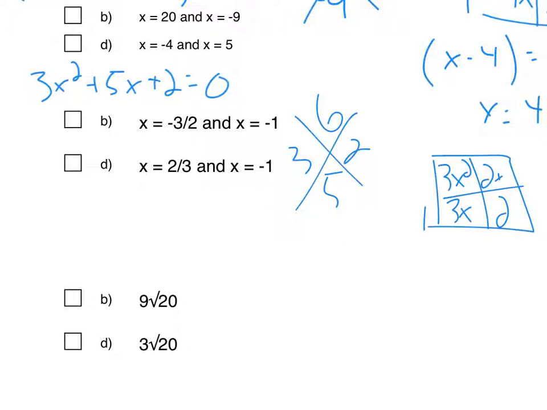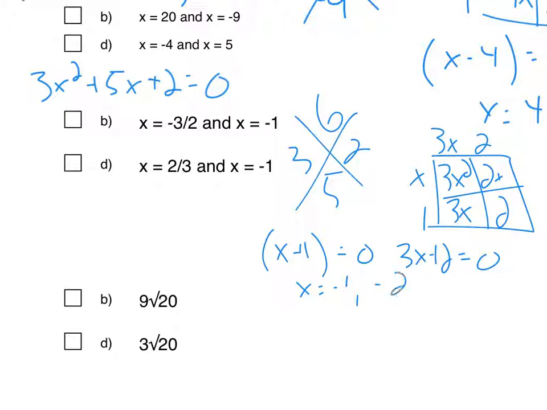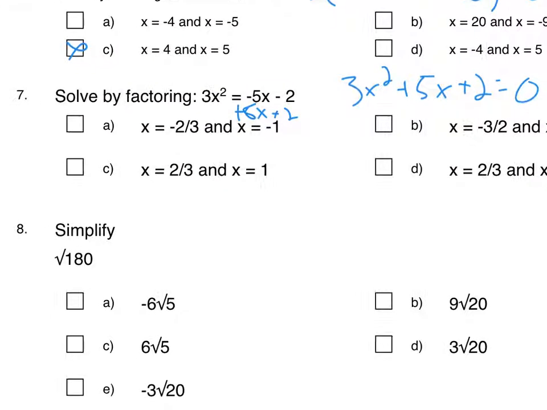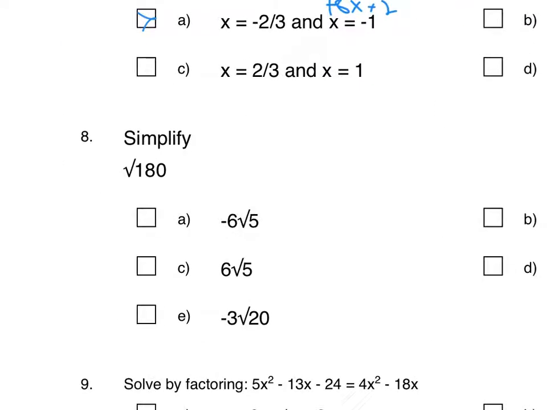So I get 1x, 3x, and 2. So x plus 1 equals 0. 3x plus 2 equals 0. So then x equals negative 1 and negative 2 thirds. So that's A.